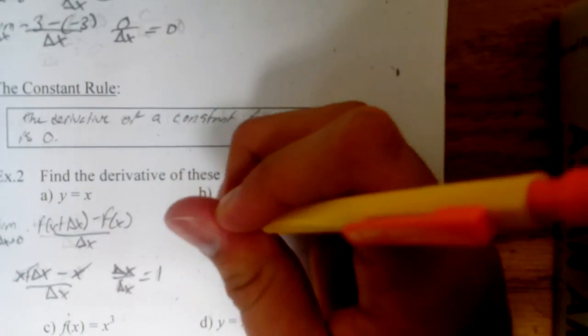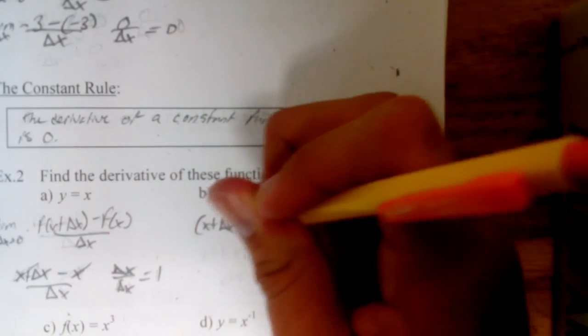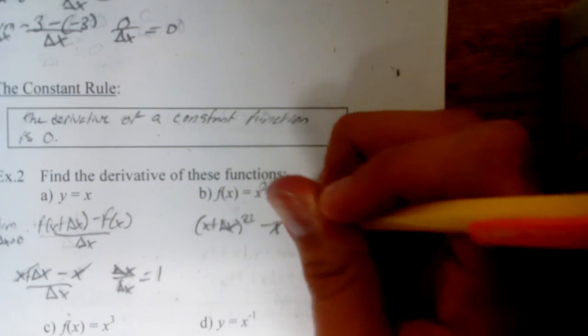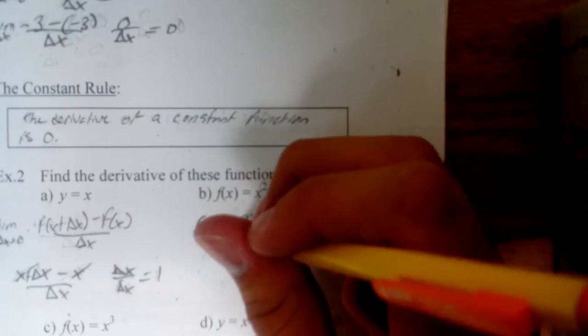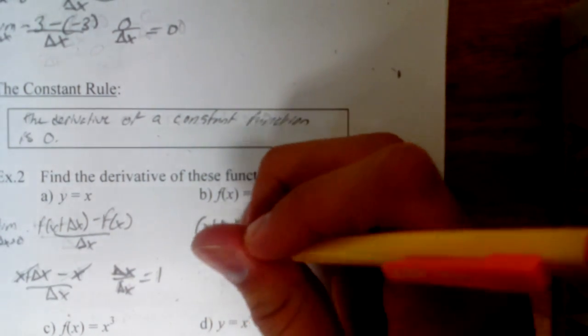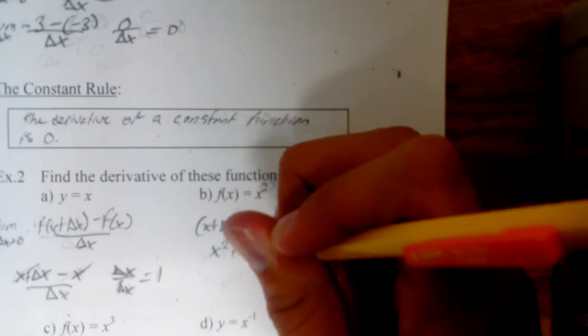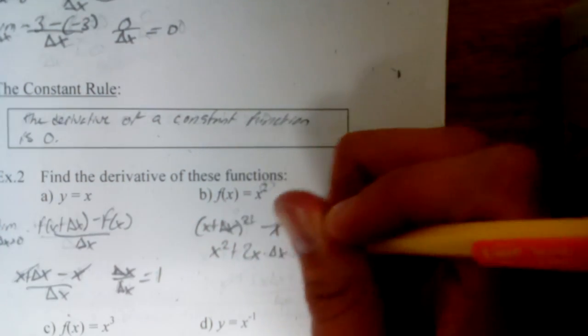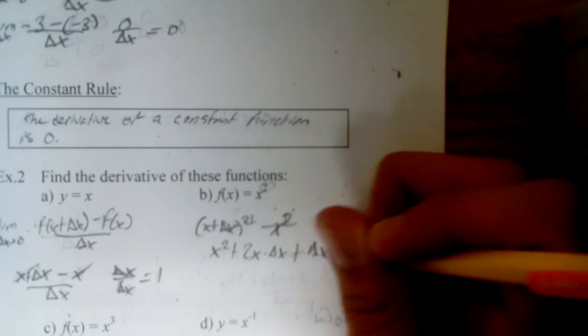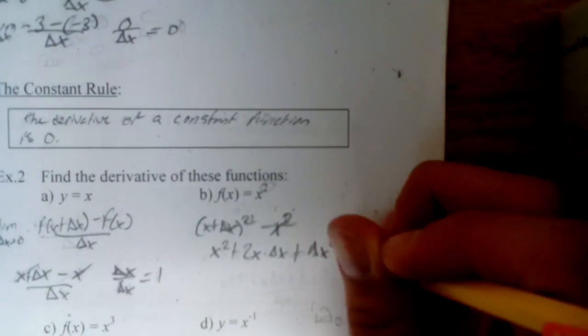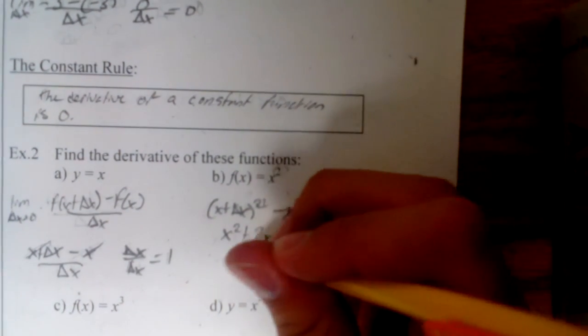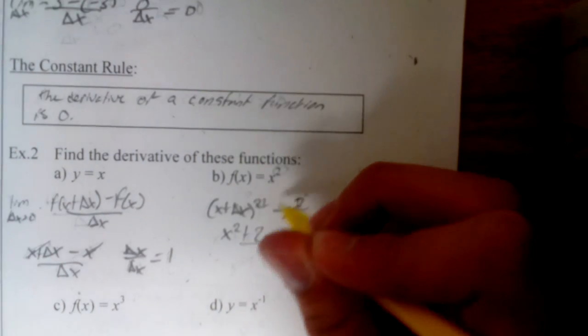And for x squared, you have x plus delta x squared minus x squared. And you would factor this out, and you get x squared plus 2x times delta x plus delta x squared minus x squared over delta x.